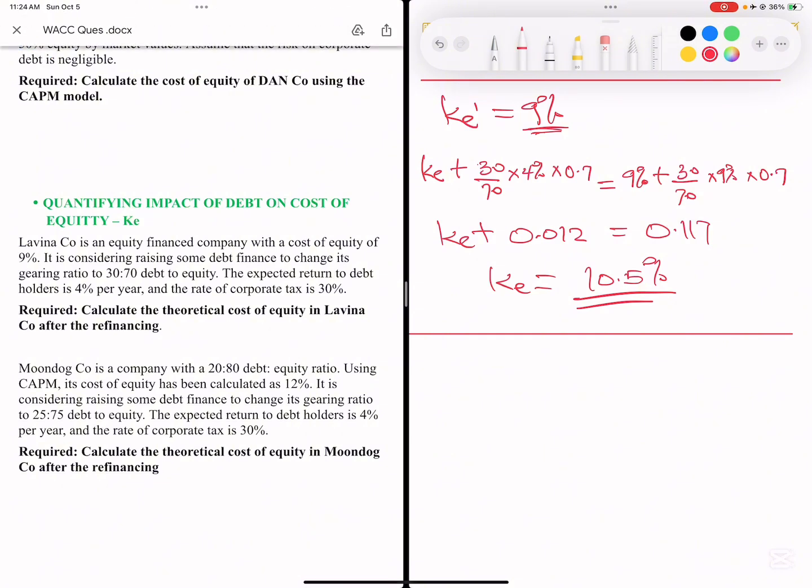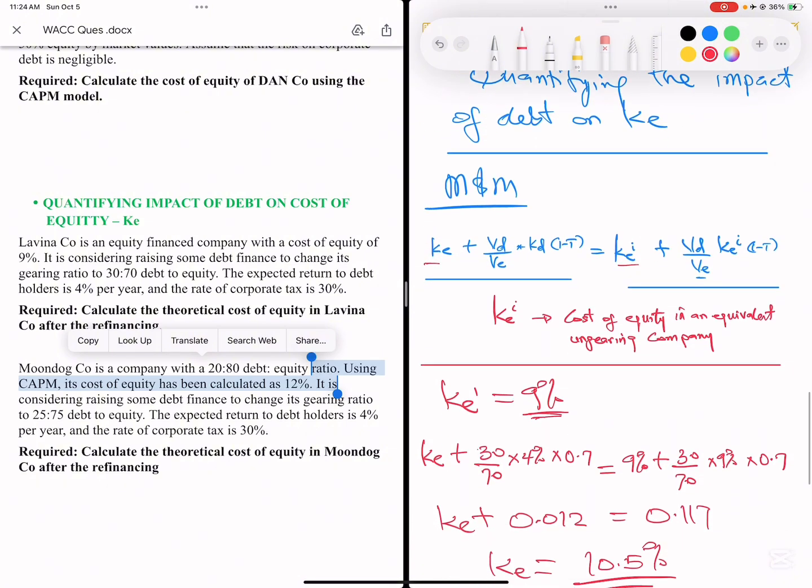So if you are changing the gearing to 25/75, then you need to first of all remove the gearing to get the KEI from the initial one before we get back at 25/75. Which means using that formula, KE of 12% plus debt is 20, so it's 20 over 80, because remember the formula VD over VE.